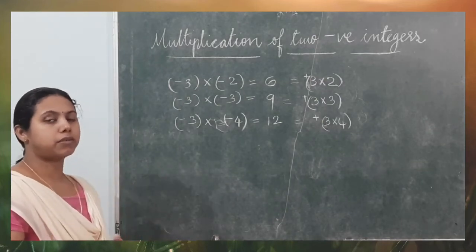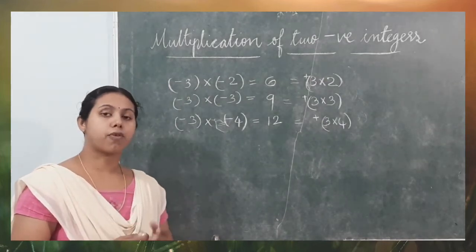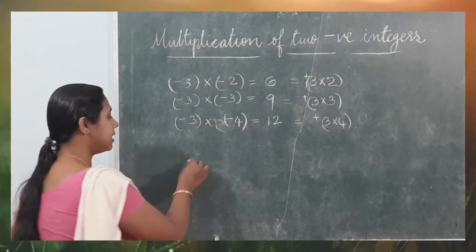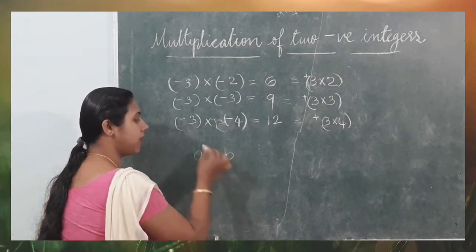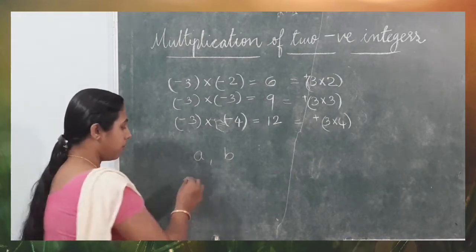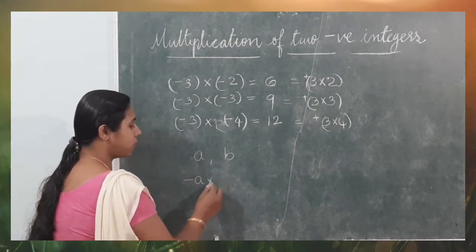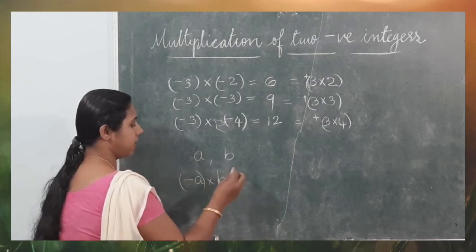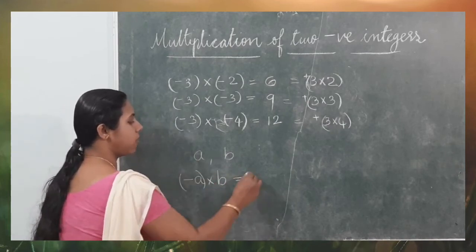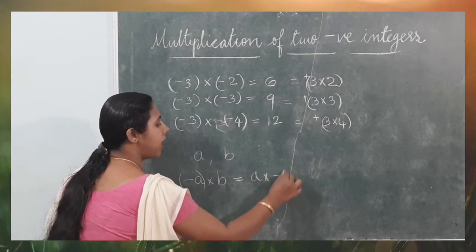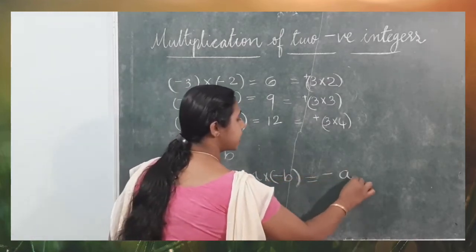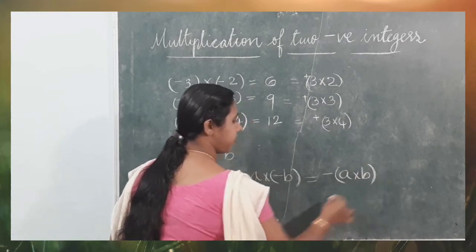So we can conclude that in general, for any integers a and b, minus a into positive b, which is also equal to a into minus b, that is also equal to minus a into b.